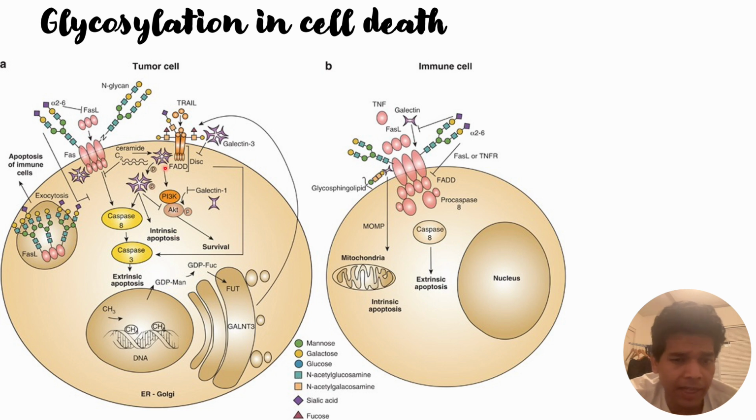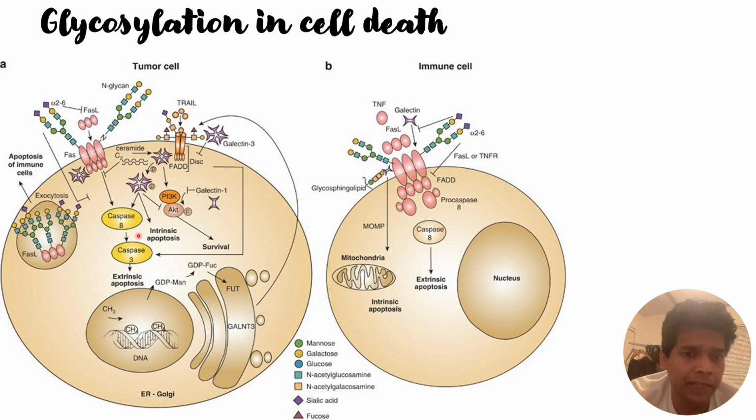And intracellular galectin 3 has two different roles. First, when it is present in the free form or it interacts with ceramide, it will trigger intrinsic apoptosis, and also it will disrupt the AKT PI3K complex formation, and therefore it will disrupt the survival potential of the tumor cells.